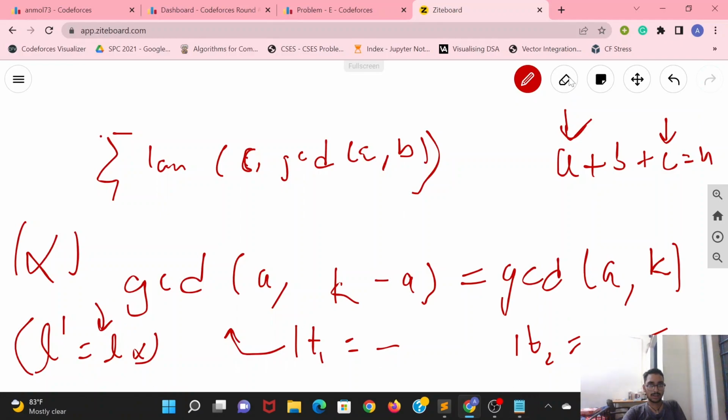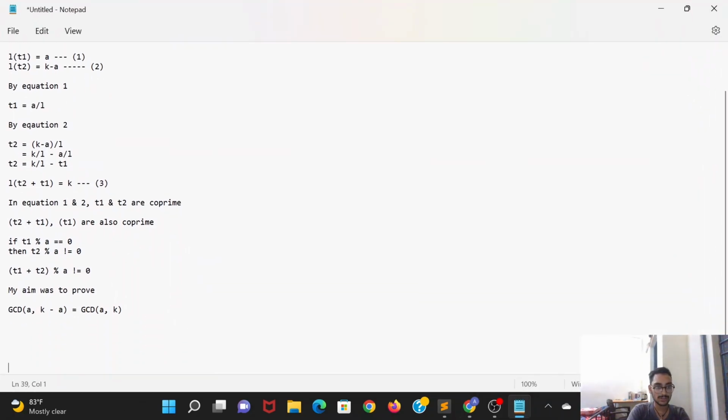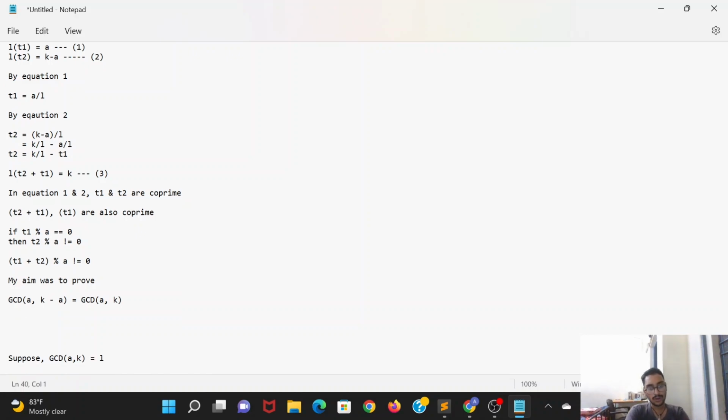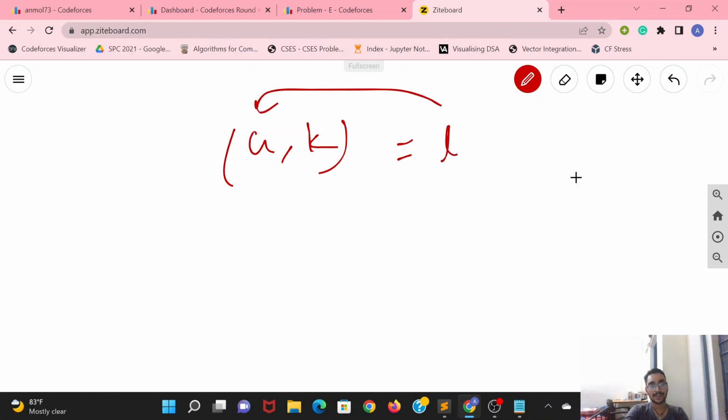So suppose GCD of A comma K, I'll just type this part also, is say some L. So what will be the GCD of A by L comma K by L? Now if I'm saying the GCD of A comma K is L, which means this is the maximum factor dividing.